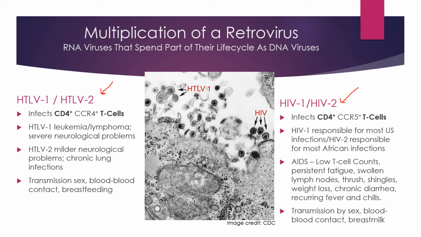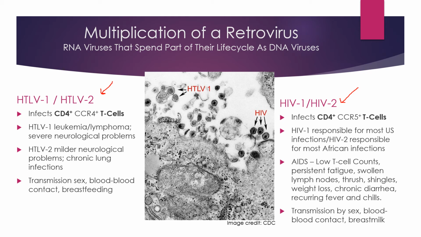HTLV1 and 2 were the first retroviruses discovered, but we now know that similar viruses infect a number of primates. HTLV stands for Human T Lymphotrophic Virus, or Human T-cell leukemia lymphoma virus. These pathogens infect human T cells.